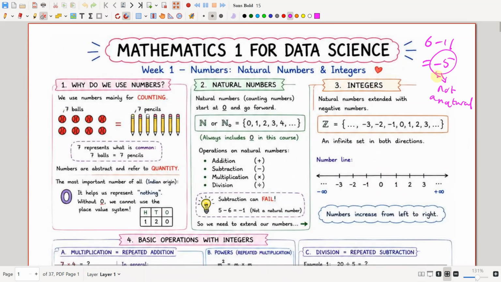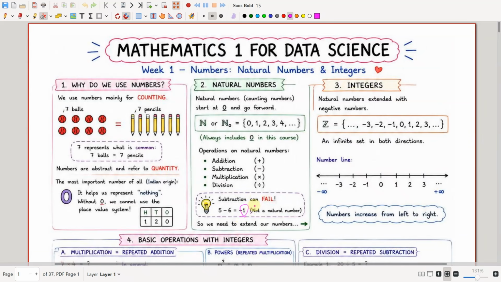So we are getting an answer which is not a natural number. Subtraction is failing in the case of natural numbers, but we need to extend our numbers to represent these negative numbers, right?